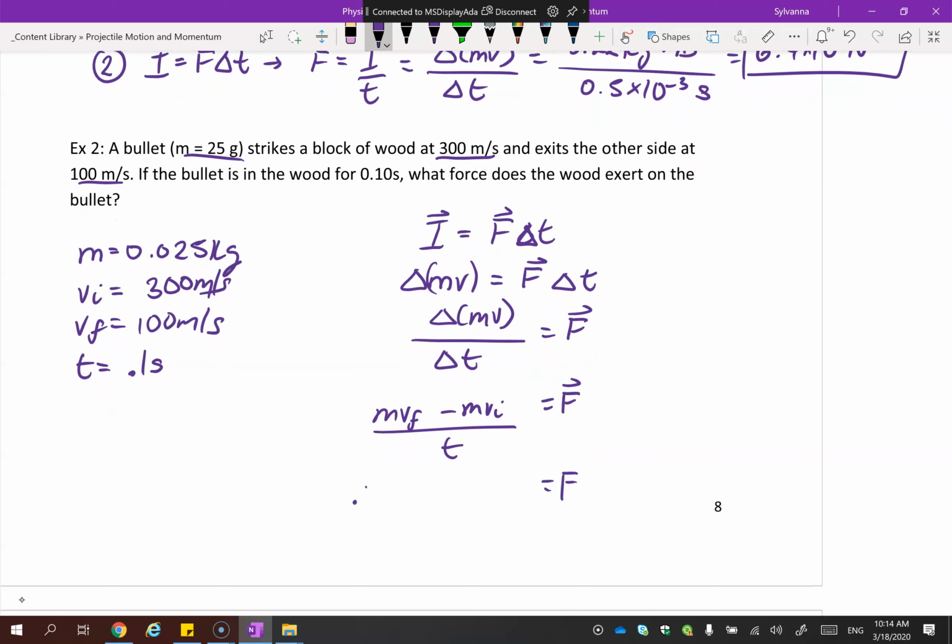So mass was 0.025 kilograms. V final was 100 minus 0.025, V initial was 300, all over 0.1 seconds.